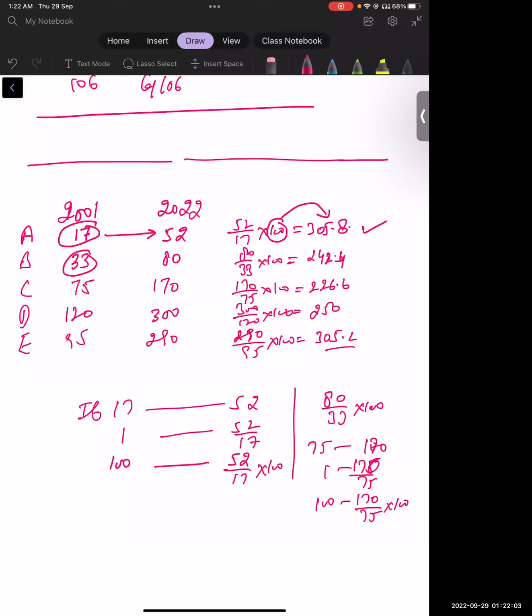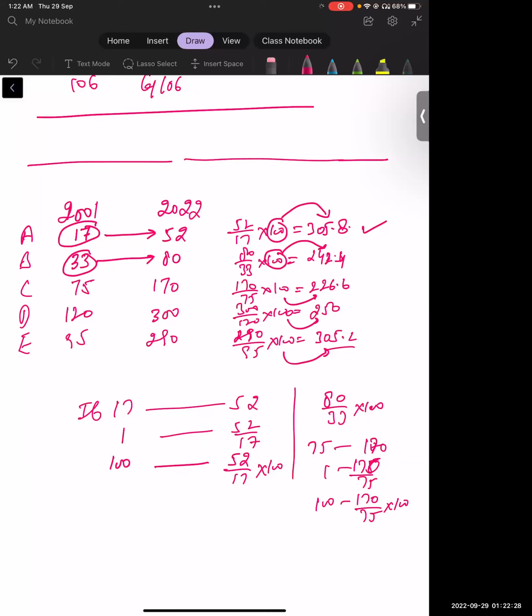If 33 rupees of goods has become 80, then a 100 rupee good has become 242.4. That means I'm converting everything from 100. If it would have been 100 rupees, the price must have moved to this figure. If I have done this, this is called indexation.